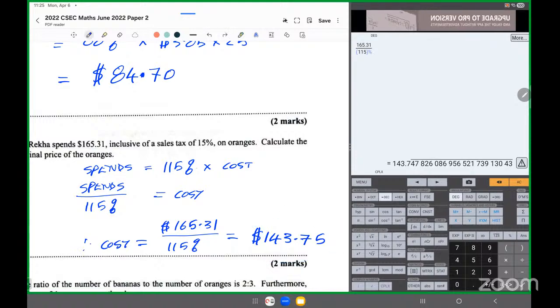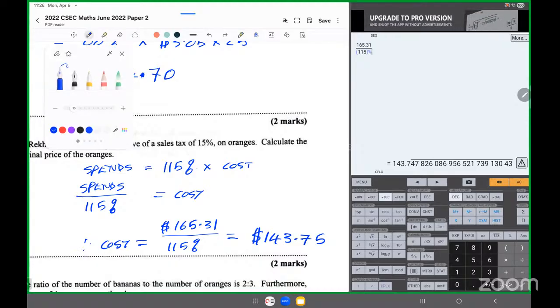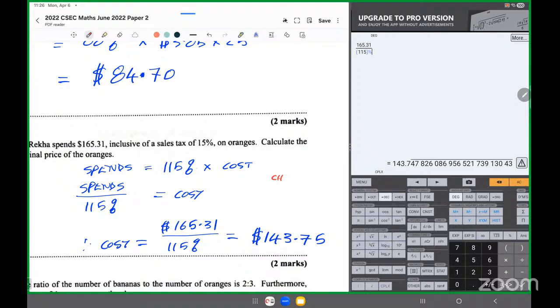If you want, you can reverse the calculation by doing a little check, if you're not sure that the answer is correct. So this is the cost, and she's adding 15% to this cost. The tax is 15%, right?